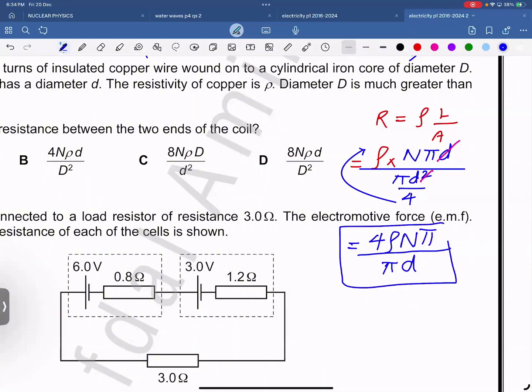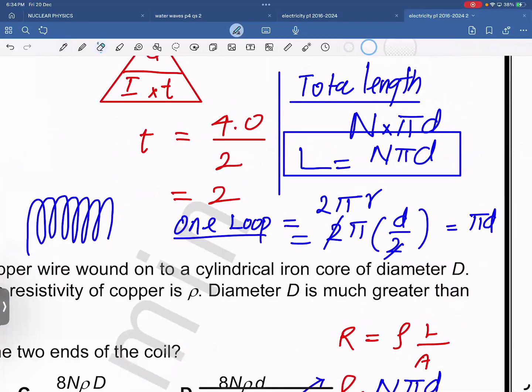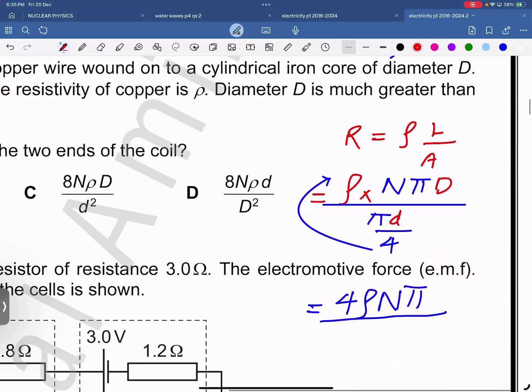Now you need to look at which option this is. My bad, this is uppercase D. This was uppercase D, and down is the wire.